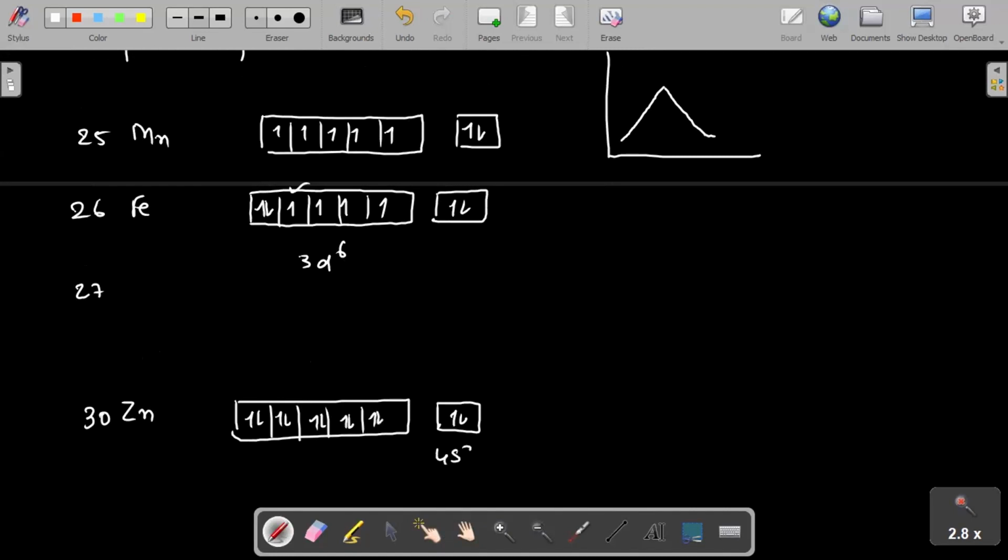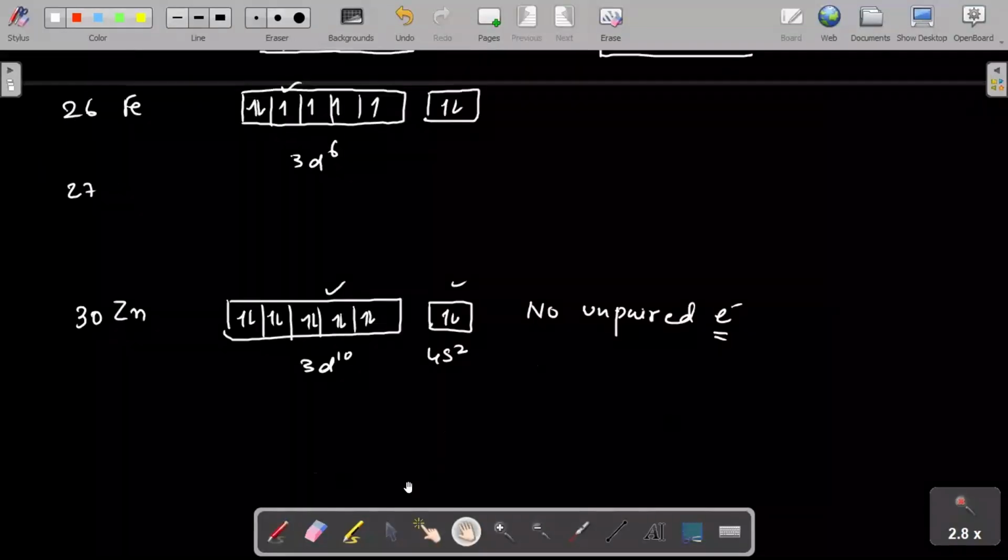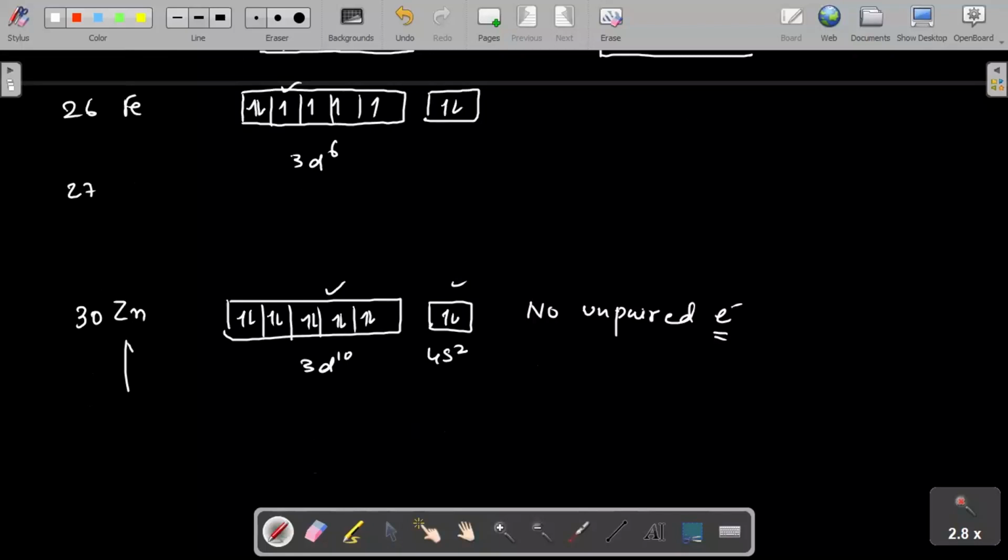So 4s2, 3d10, completely all the orbitals are filled and there is no unpaired electron. So unpaired electrons are not there, hence what we find, the metallic bonds in zinc is weaker. That is why we find the zinc metal is brittle.